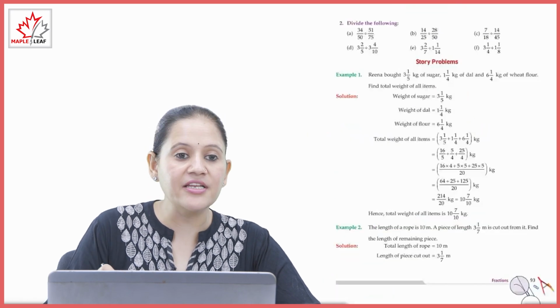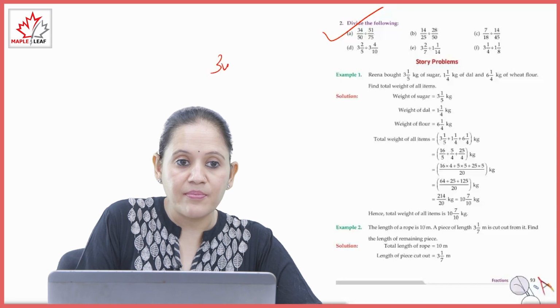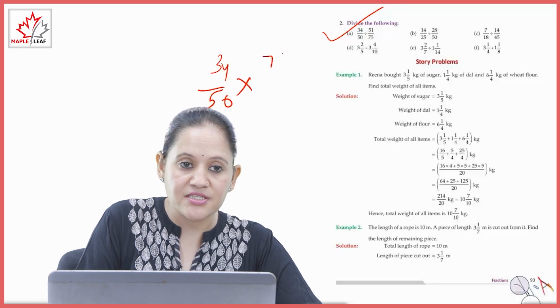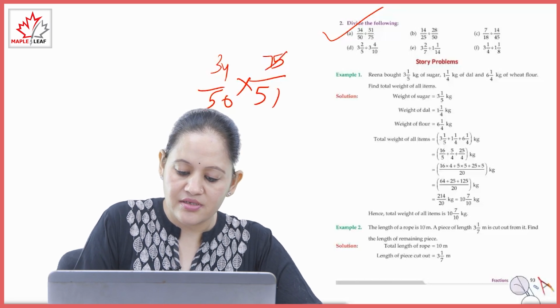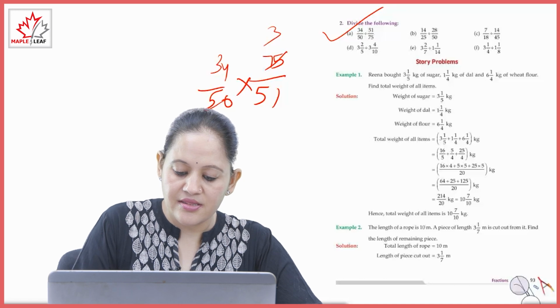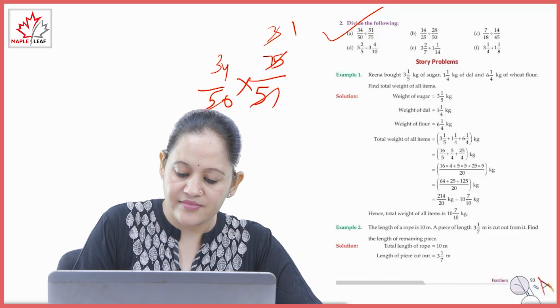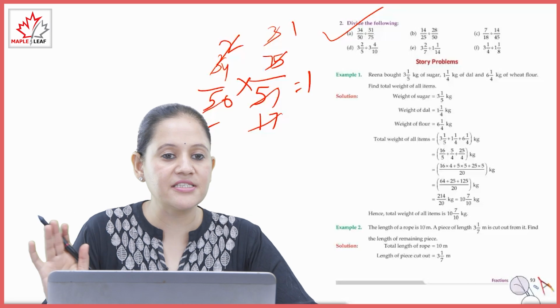Next, divide the following. 34 upon 50, the sign changes to multiplication and this becomes the inverse. Then 3 ones are 3, 17 twos are 1. That is equal to 1.